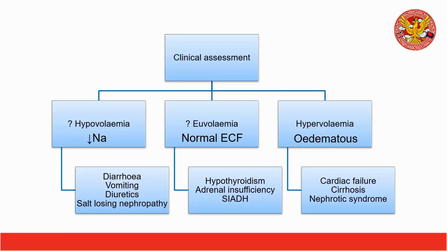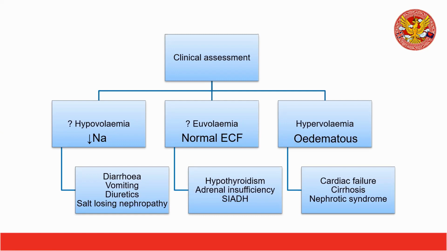So there are three main classifications. Your hypovolemic hyponatremia is where you have a low sodium and a low extracellular fluid volume. Euvolemia is where you have a normal extracellular fluid volume, and hypervolemia is where you have more than normal extracellular fluid volume.